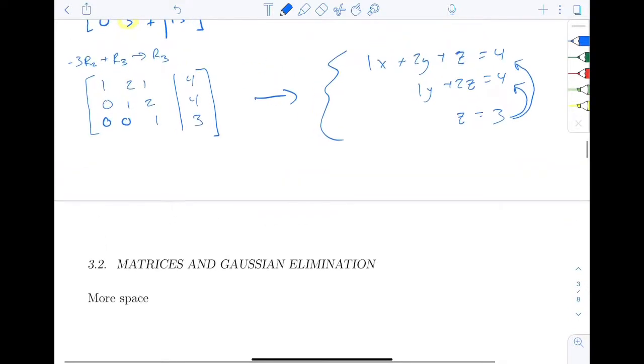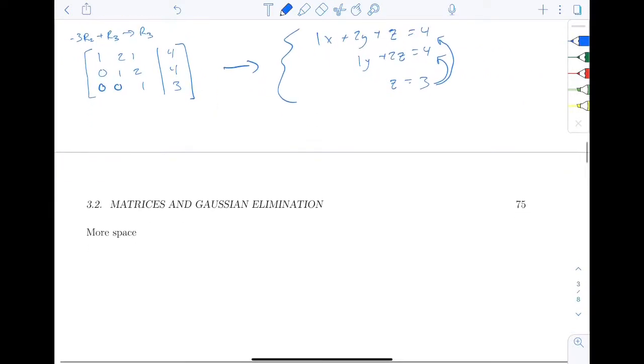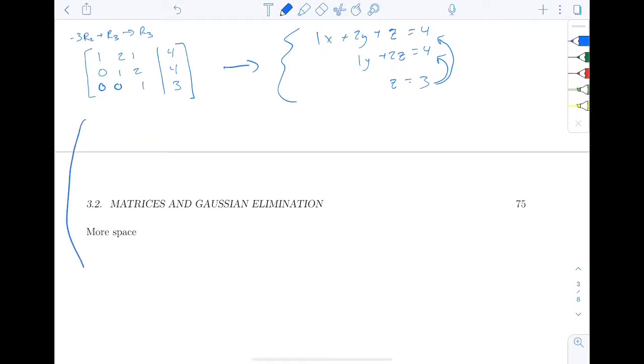But what if I didn't want to back substitute? Could I kill off some of these things using these variables? And the answer is yes. Okay, so here's what I'm going to do next. I'm going to keep going down here, negative 2 times row 2 plus row 1. Now that seems like an odd thing to do. Why would I want to go back up?